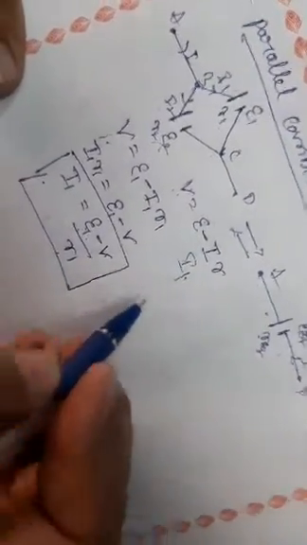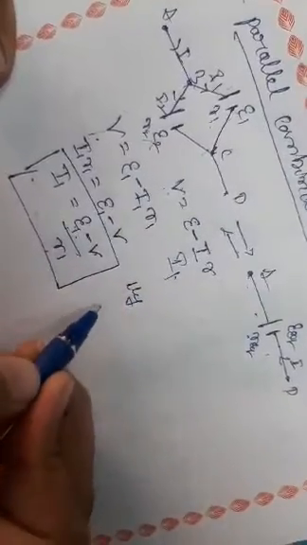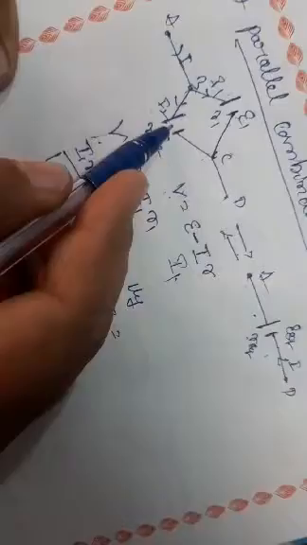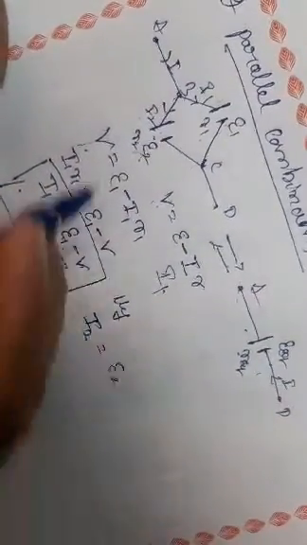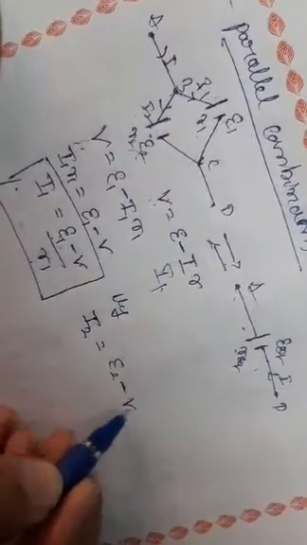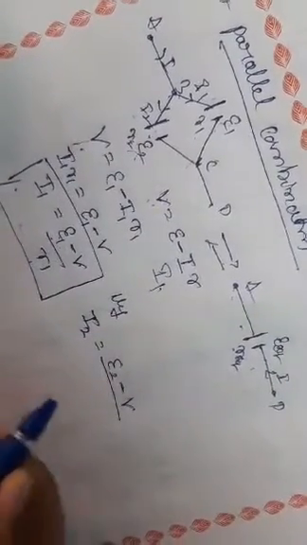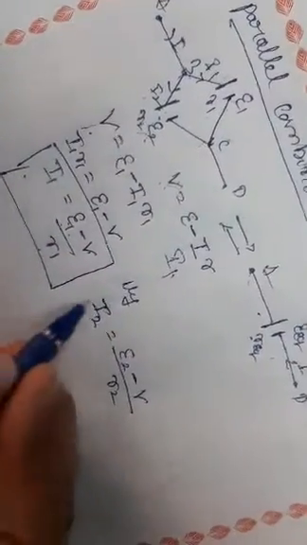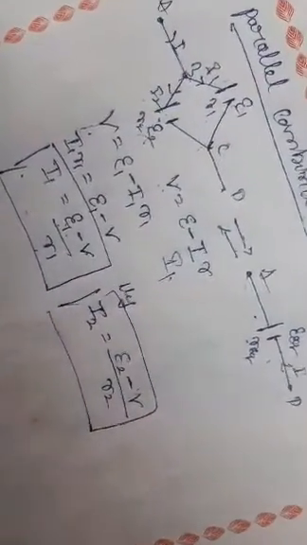Similarly, find the value of I2. For the second cell, that is E2, the potential difference is the same, divided by the internal resistance R2. That is I2.